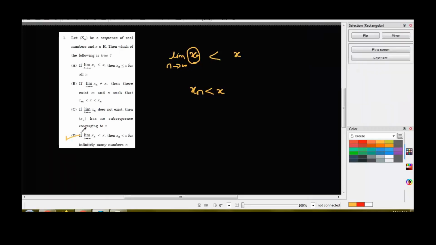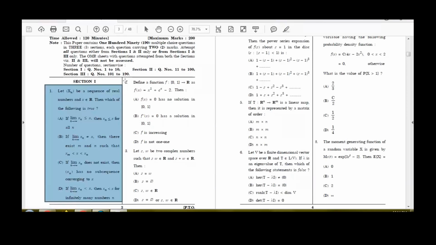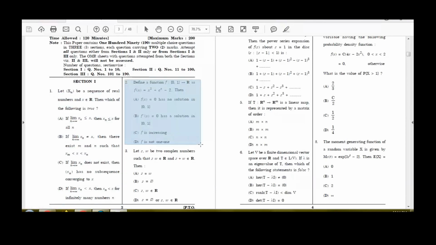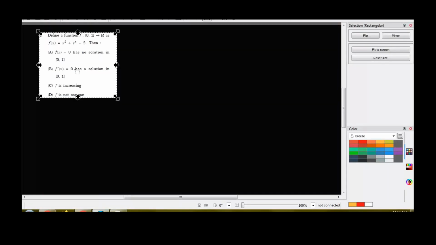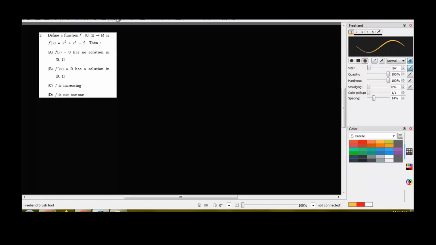Okay, let's proceed to question number 2. In this case, we have a function defined on the closed interval 0, 1. The function is x square plus e raised to x minus 2.